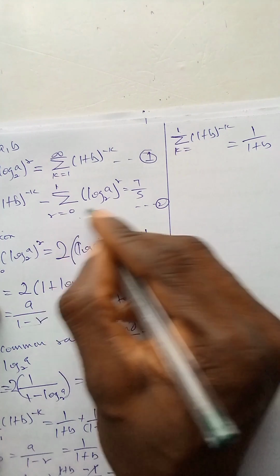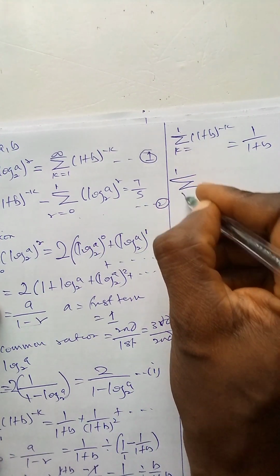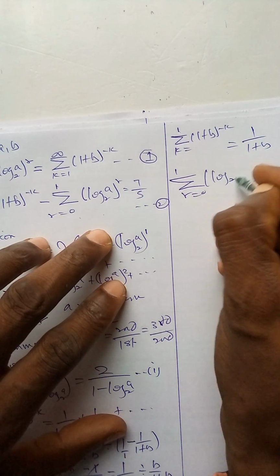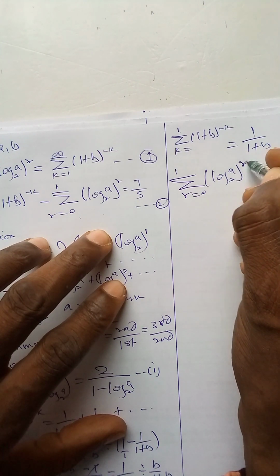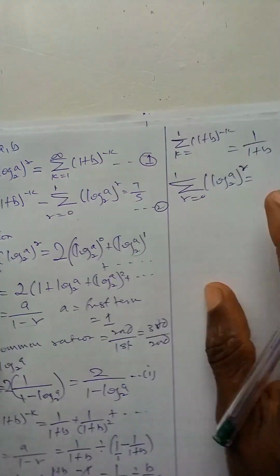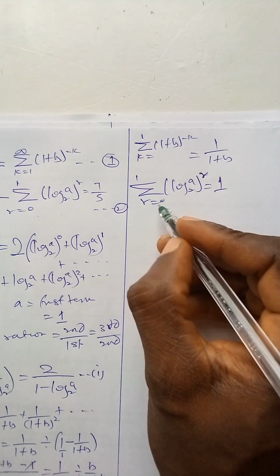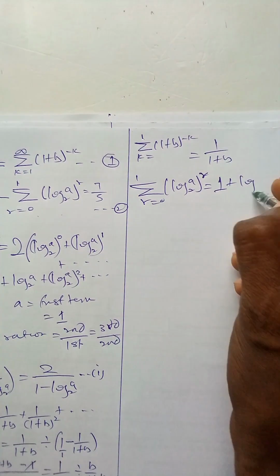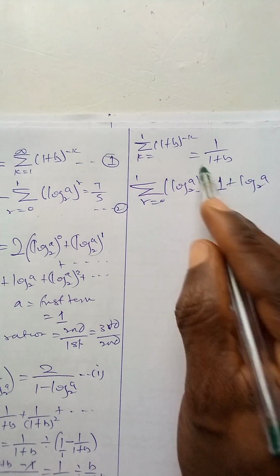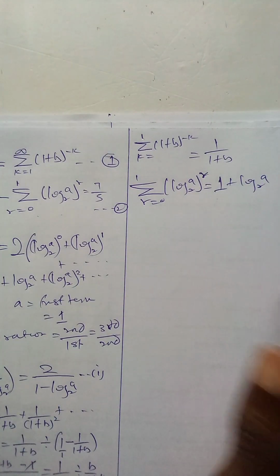The second part is the summation from r equals 0 to 1 of log to base 2 of a raised to power r, because we need just two terms of this. When r equals 0, it is 1, and when r equals 1, it is log to base 2 of a. We do not need to find the sum to infinity of these, because they are just one term and two terms respectively.